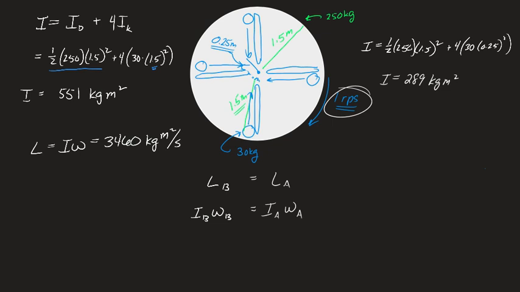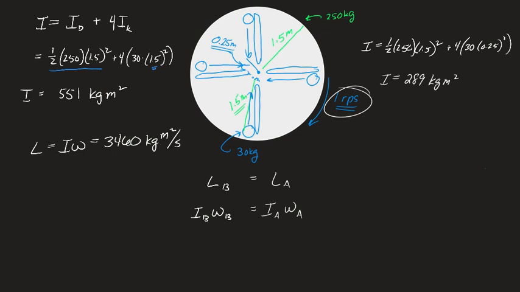Our moment of inertia got smaller, so I expect this thing to be spinning faster now. Don't you? This is what happens when I pull my arms in while spinning. I changed my moment of inertia, and therefore my speed increased because the angular momentum had to stay the same.